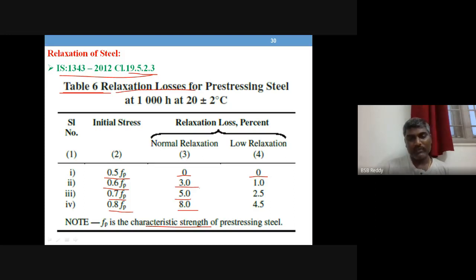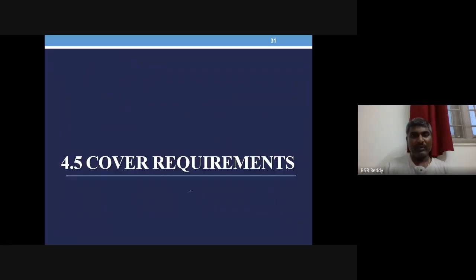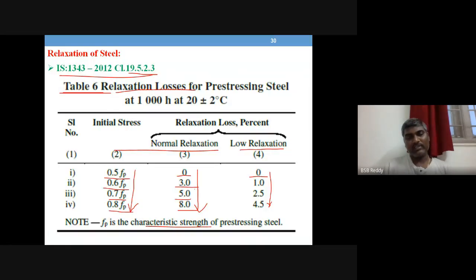So likewise, relaxation loss is more if you induce a higher value of pre-stress. That is the point here. Okay, so this is normal relaxation, and this is for low relaxation steel. We have a form of steel called low relaxation steel also. The limits are given for that also, right? Right. So that's about relaxation loss.